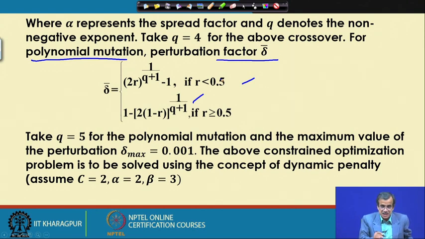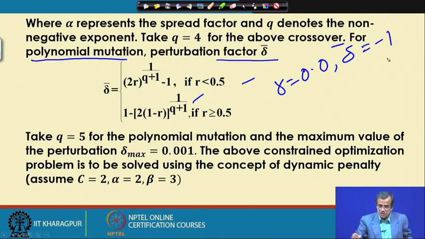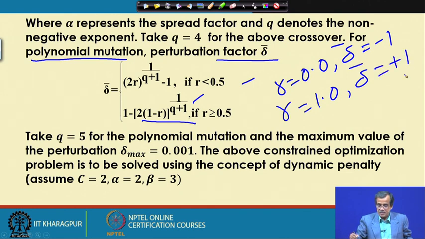The question is how to select this type of distribution. Let me put r equals 0 in the first expression. Then delta bar becomes equal to minus 1. Similarly, if I put r equals 1.0 in the second expression, I get delta bar equals plus 1.